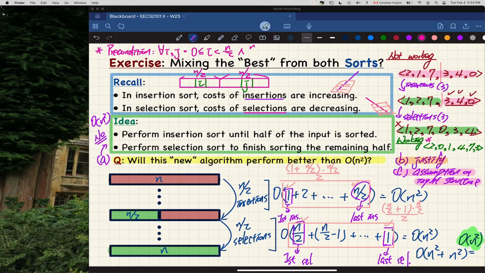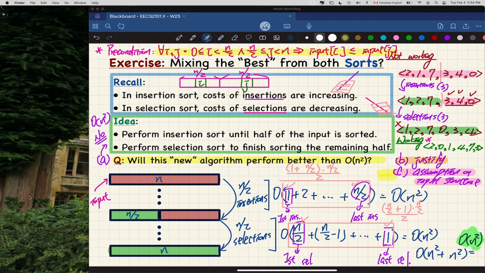And also n divided by 2 less than or equal to j, less than n. Let's say the array is called input. input of i should be less than or equal to input of j.